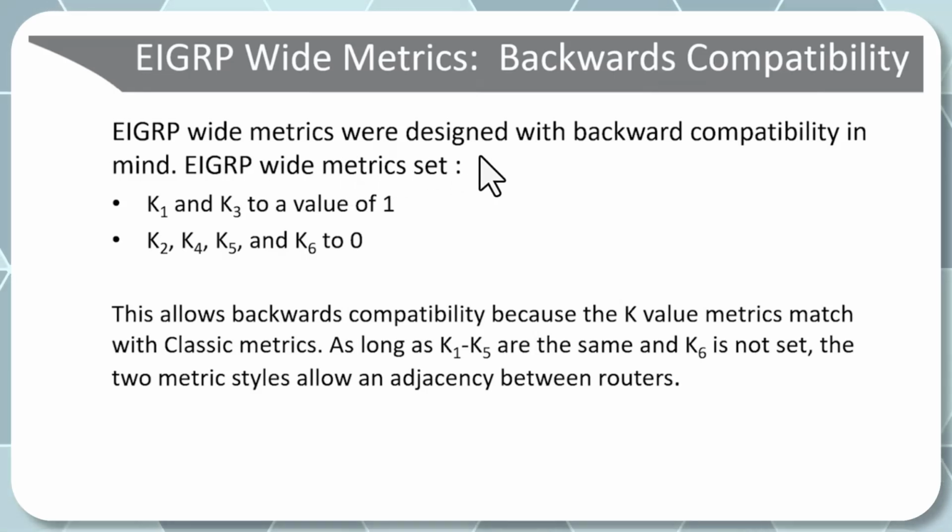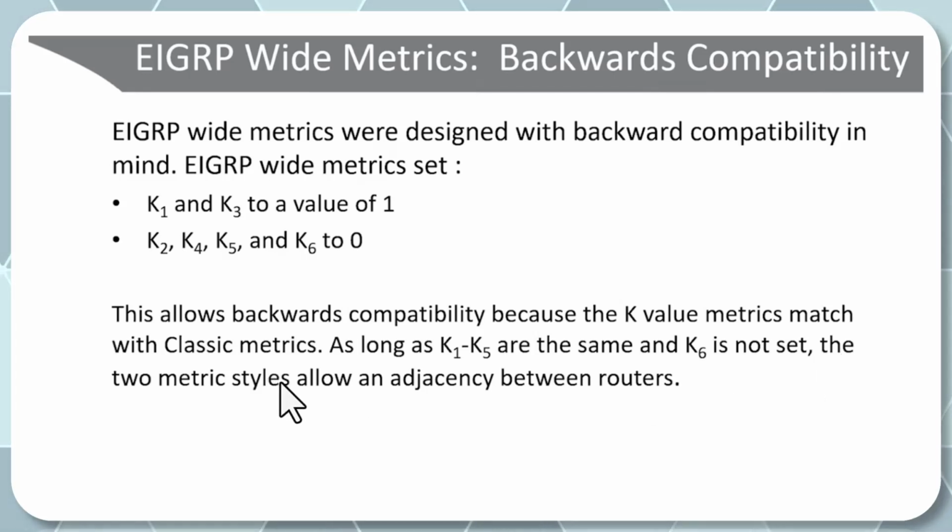EIGRP wide metrics were designed with backward compatibility in mind. So if you have backward compatibility, then K1 and K3 values will be set to 1, and K2, K4, K5 and K6 will be set to 0. This allows backward compatibility because the K value matrix matches the classic metric, as long as K1 to K5 are the same and K6 is not set.